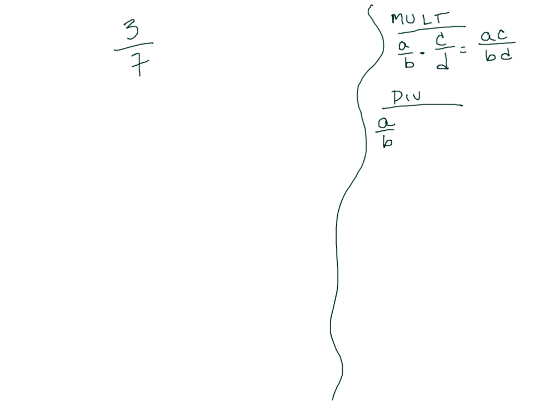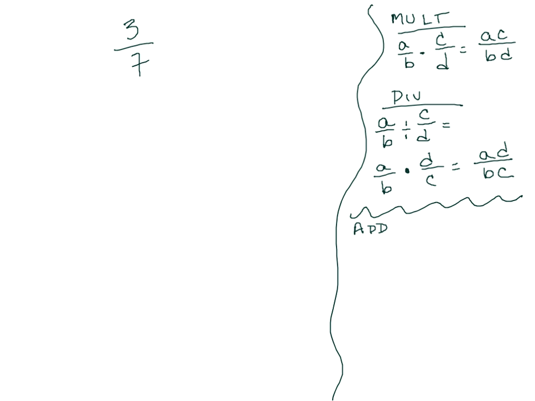So if you have A over B divided by C over D, you change that to A over B times the reciprocal D over C, and then you just multiply straight across. AD over BC.